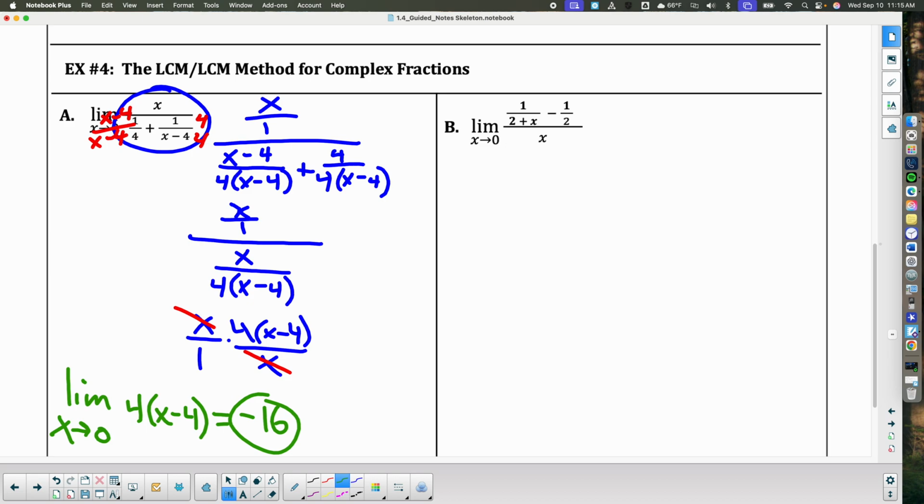Okay, now, in the original problem, the original equation that we were given, 0 and 4 are both numbers that we are not allowed to use. Because 0 gives you an indeterminate, 4 gives you an undefined fraction.